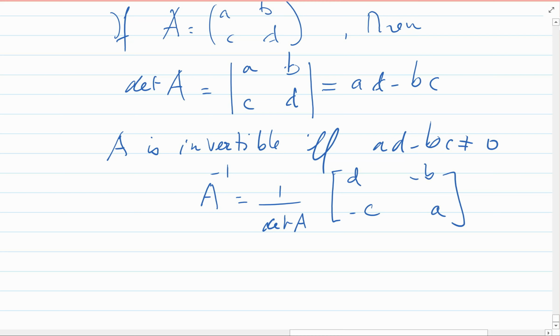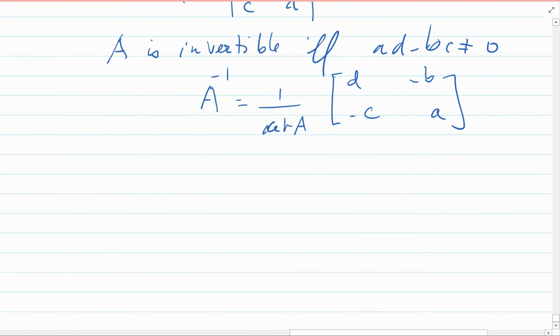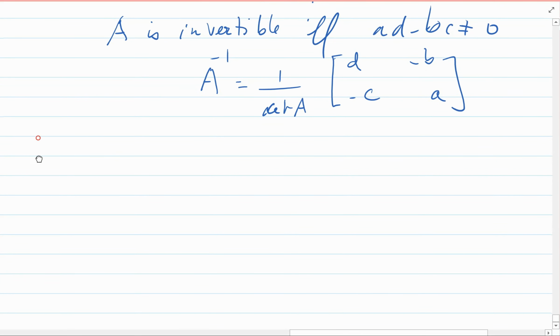Okay, so first of all, before we start looking at how we can extend this concept of determinant to matrices of size n bigger than 2, in other words 3, 4, 5, etc., let us see some basic properties of the determinant.